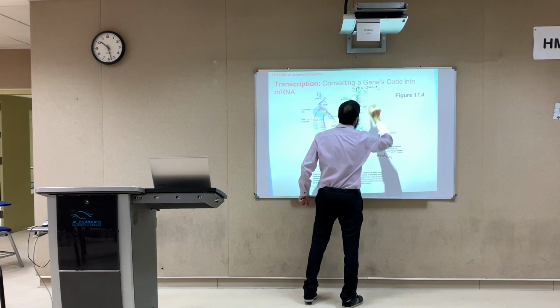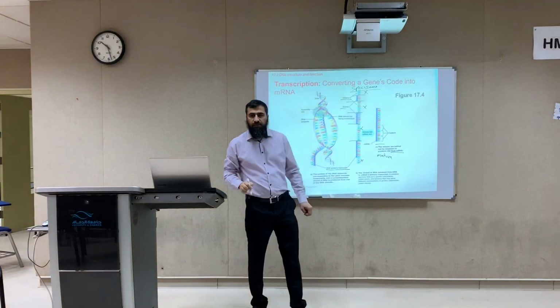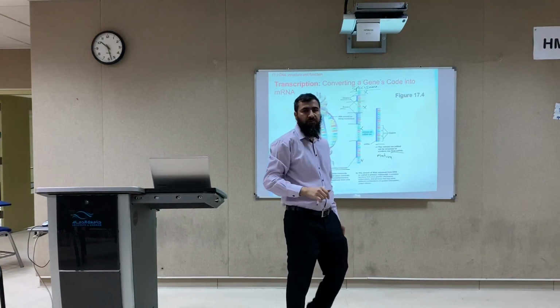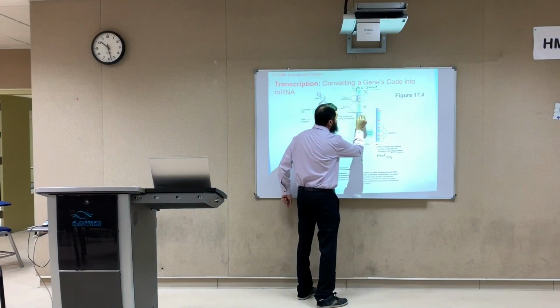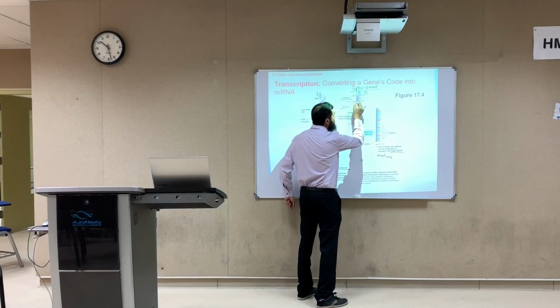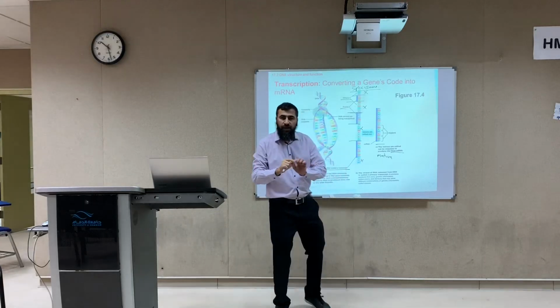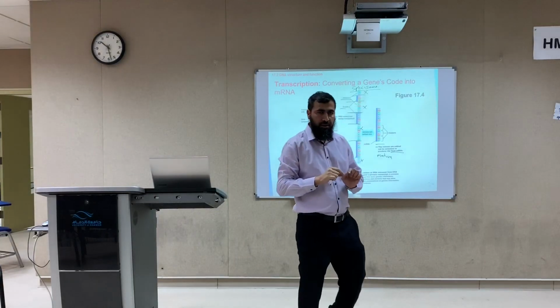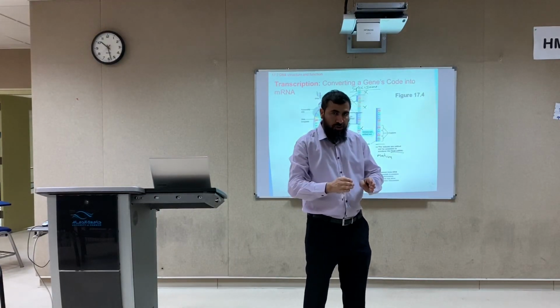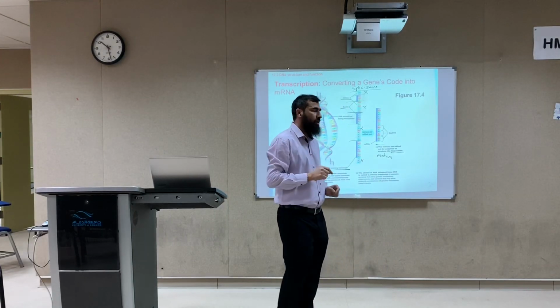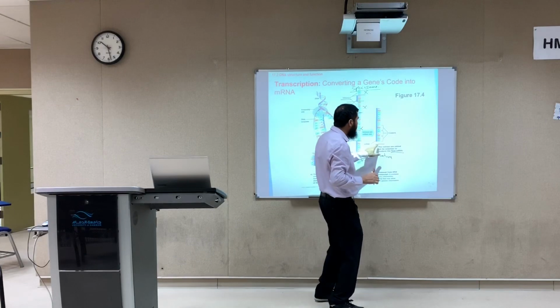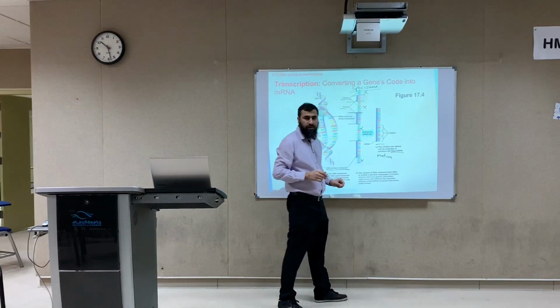There are several enzymes involved that can recognize particular sequences in the junction of introns and exons, okay? And they know where the introns are. They will slice them out and join the exons together to form the final or mature mRNA transcript, okay?